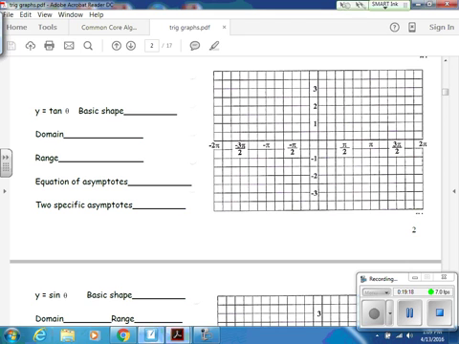So let's just start at 0. This one's another awesome one. At 0, what's sine? Sine is 0? Okay.